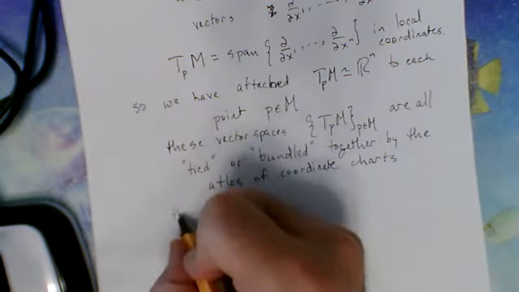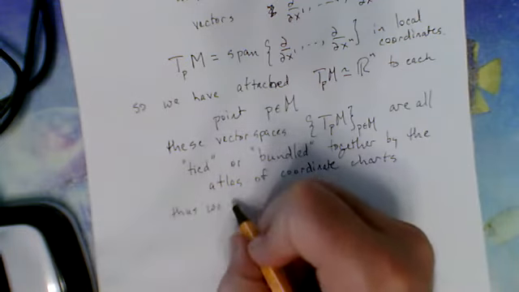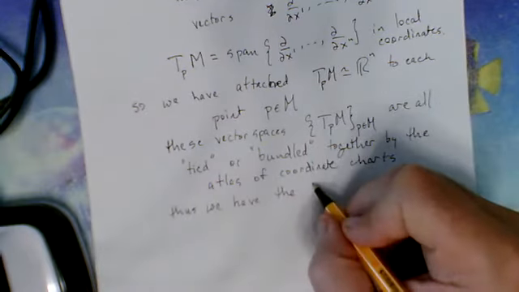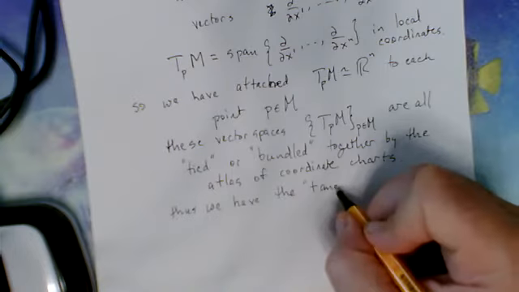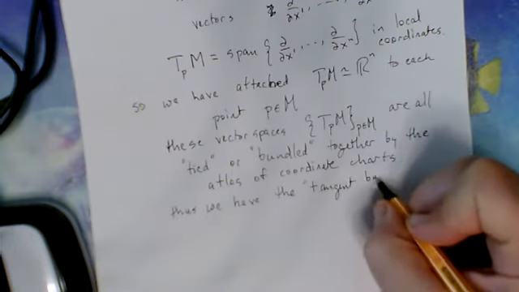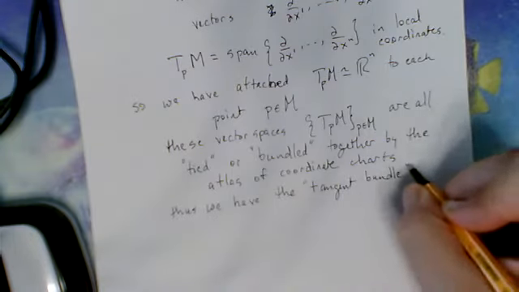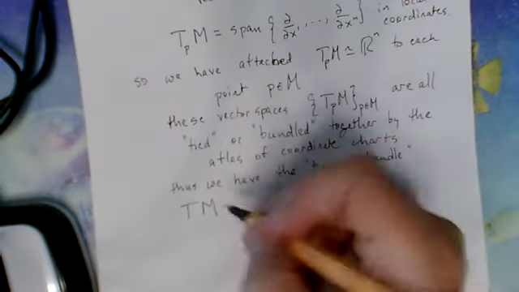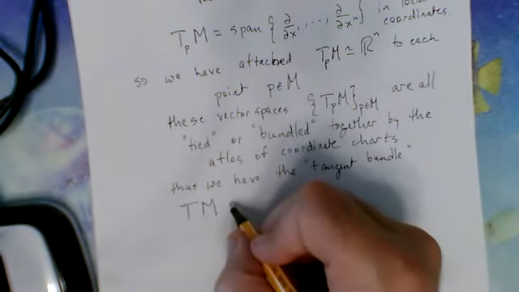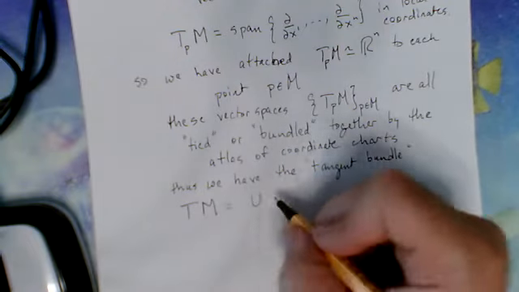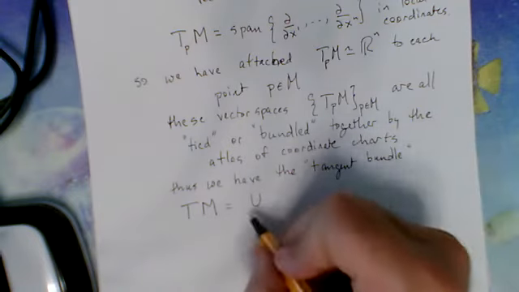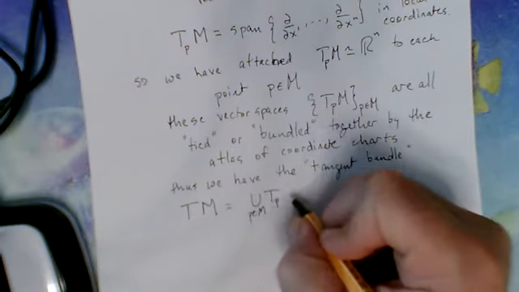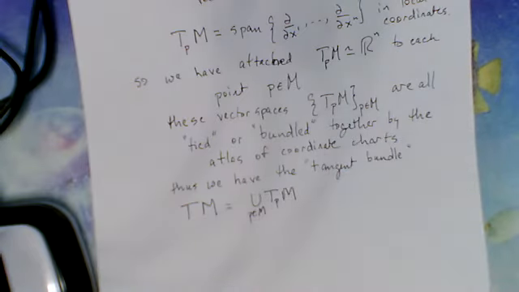So thus we have the tangent bundle TM. And what is this? This is now the union of all these individual tangent spaces.